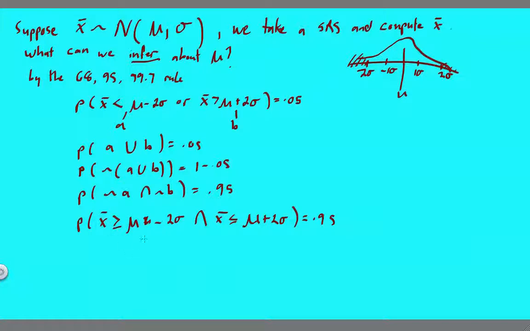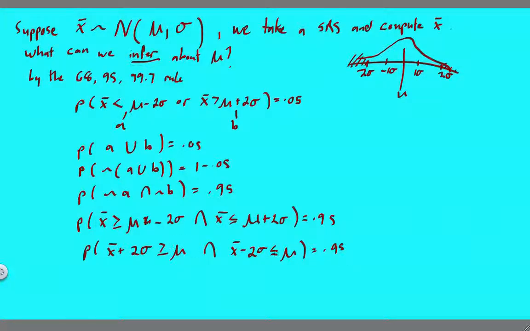Okay, so we can move things around within this inequality, and we could say that the probability that x bar plus 2 sigma is greater than or equal to mu and x bar minus 2 sigma is less than or equal to mu is equal to 0.95.